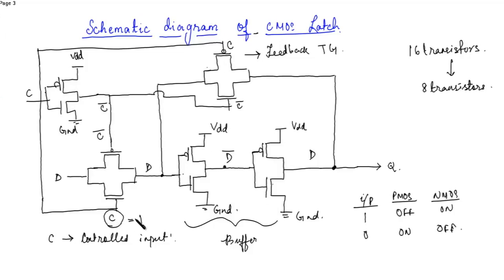So when the control input is 1, then this NMOS will turn on. Suppose this is P1, this is N1, this is P2, N2, this is P3, N3, P4 and N4. This is the inverter.